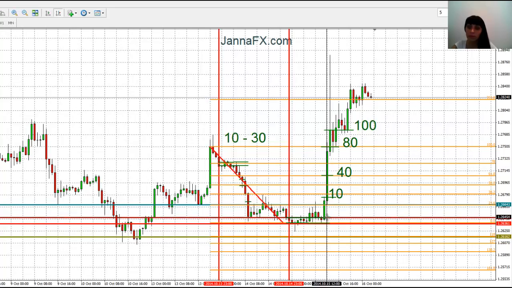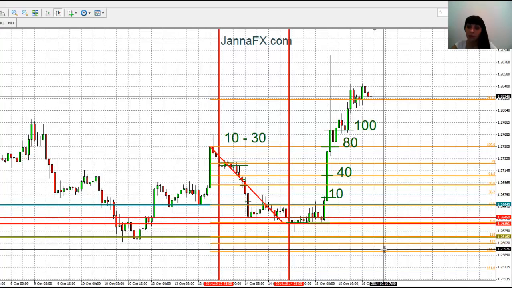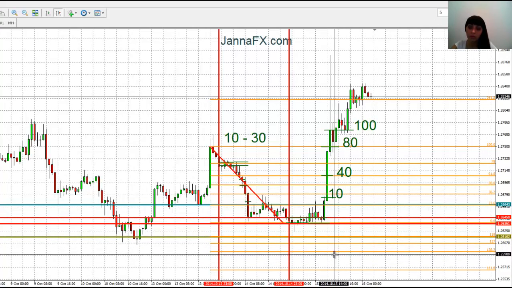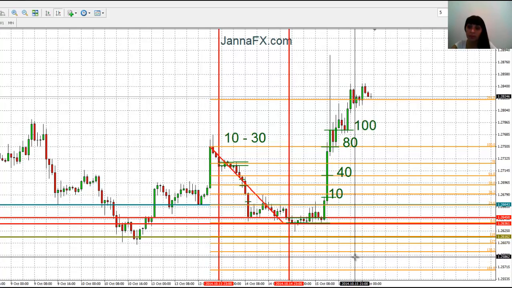Also, using Fibonacci lines, I put another order to make 40 pips, which was around level 61. And I had another order going down, around 138.160, somewhere around here.